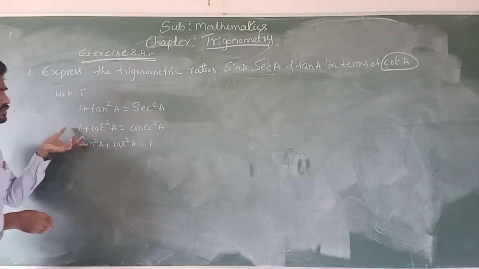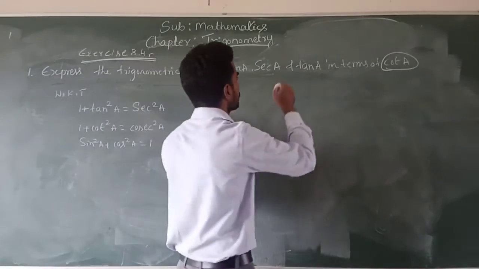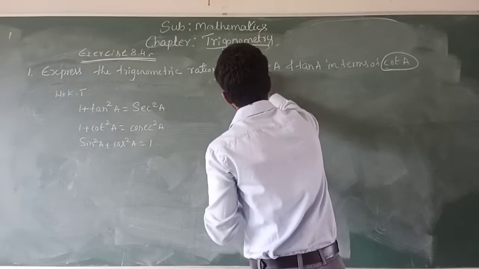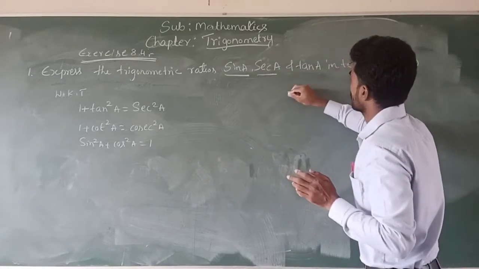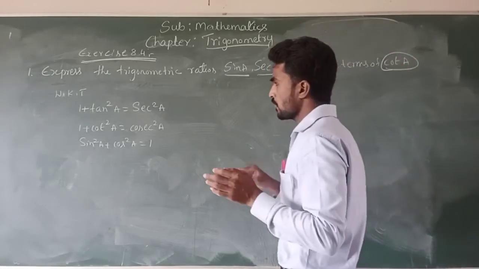By using these three trigonometric identities, we can express secant A, sin A, tan A in terms of cot A.